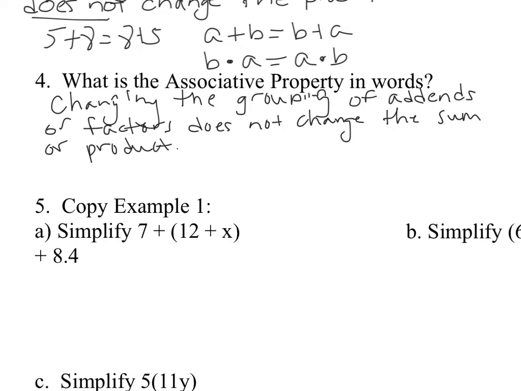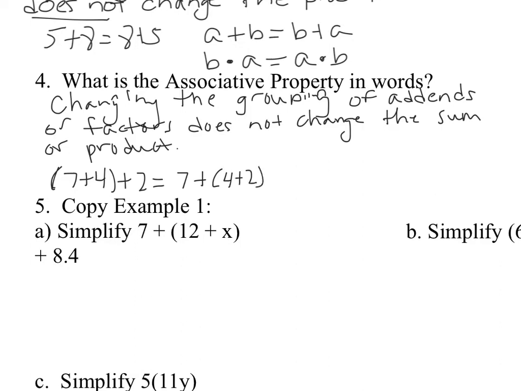So, an example would be that if we were to take and look at, this is a parentheses right here, 7 plus 4 plus 2 equals the same thing as 7 plus 4 plus 2.